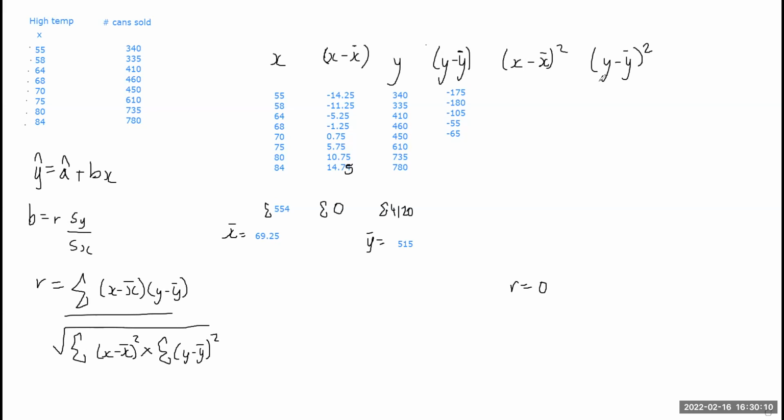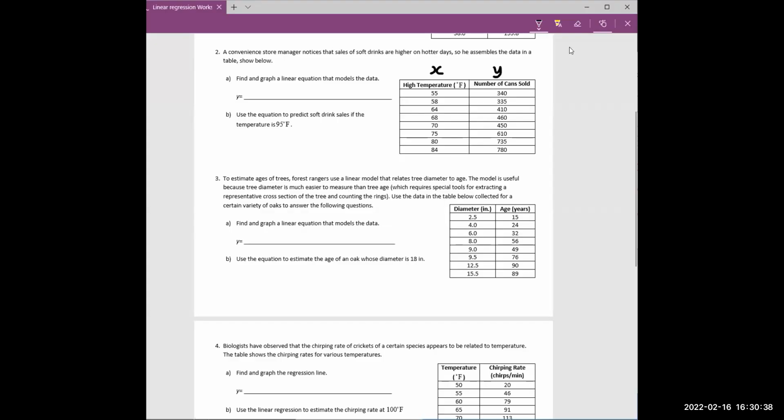Since this one was so simple, I want you to just do the third one before we close, quickly. This one was one of the easy ones. So do number 3. So identify your X and identify your Y.